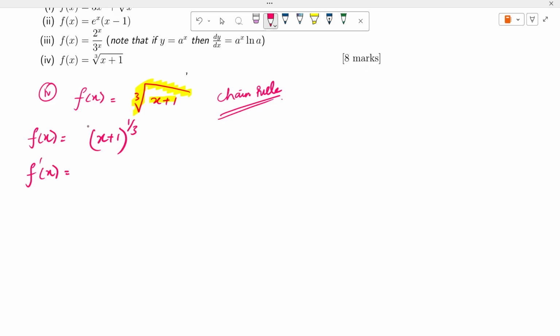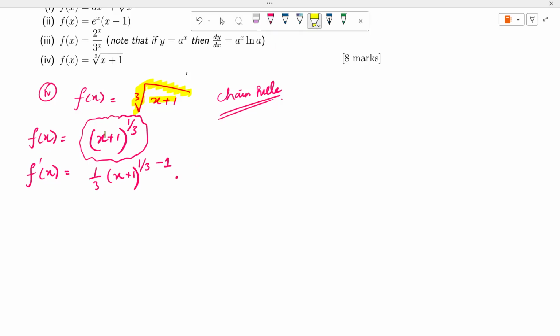Take the derivative of the outer function and apply the power rule: 1 upon 3 into x plus 1 to the raised power 1 upon 3 minus 1, multiplied by the derivative of the inner function.